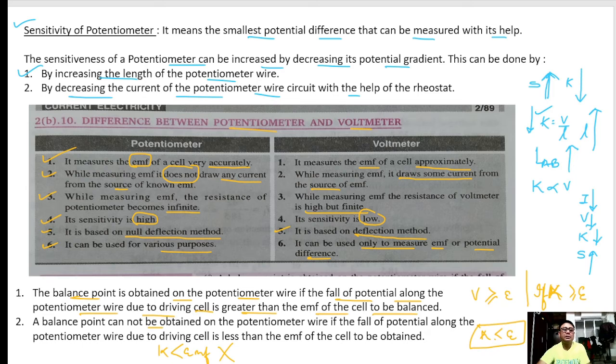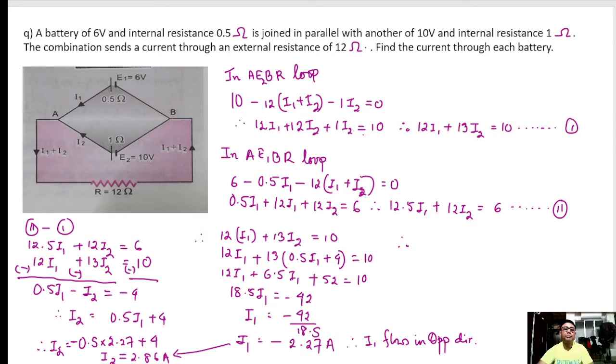Now let us see some more examples using the concept of the chapter Kirchhoff's law. A battery of 6 volt, internal resistance 0.5 ohms, is joined in parallel with another battery of 10 volt, internal resistance 1 ohm. It sends a current through the external resistance of 12 ohms.